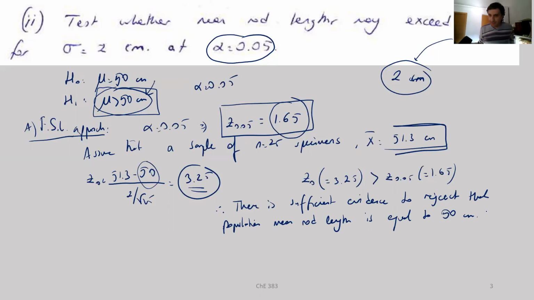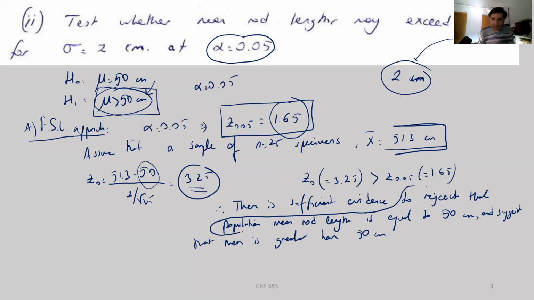There is sufficient, but not only that, and the mean is greater than 50 centimeters. I think this part is a little bit necessary to reject that and suggest that. I think this part may be a little bit unnecessary. If you like, you can get rid of this part. There is sufficient evidence. All right, this part I think is maybe better.